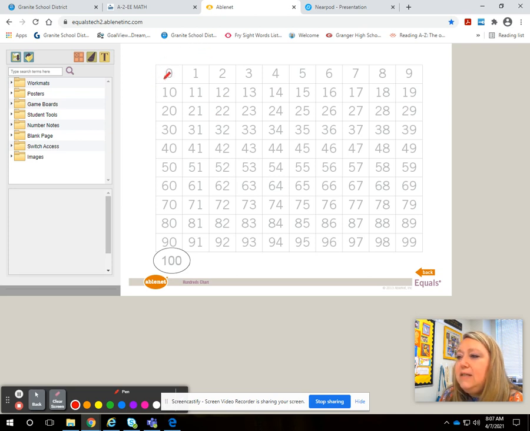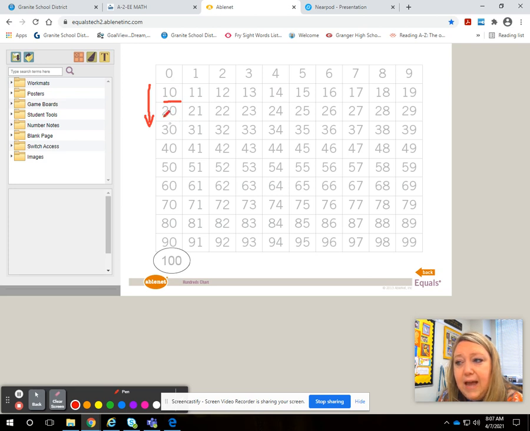So as you can see, this counts 0 to 9, and then 10 starts over here. So if I want to count by tens, I can count by tens by just going down on this chart, because each one of these lines is worth 10. There's 10 across, counting the 0, right?